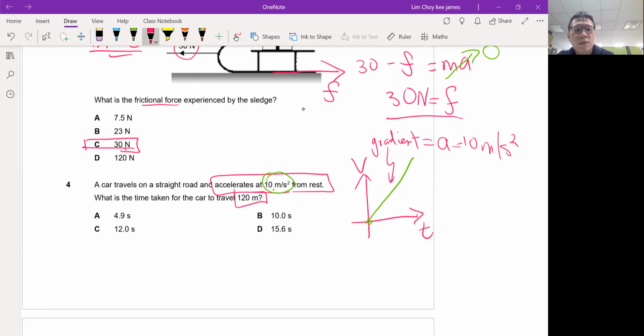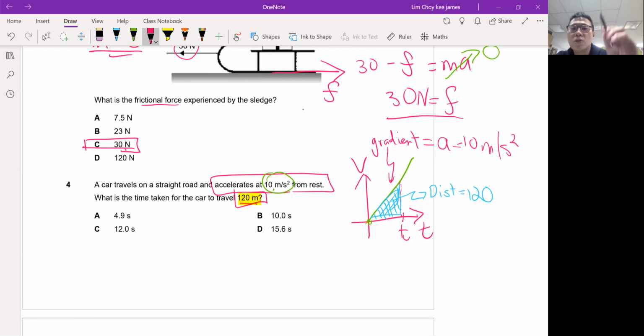And after that, the question says the time taken to travel 120 meter. So what's the time taken to travel 120 meter? What is the important thing about 120 meter? For a speed time graph, the distance is the area under the graph. This triangle will be the distance traveled, which is 120.